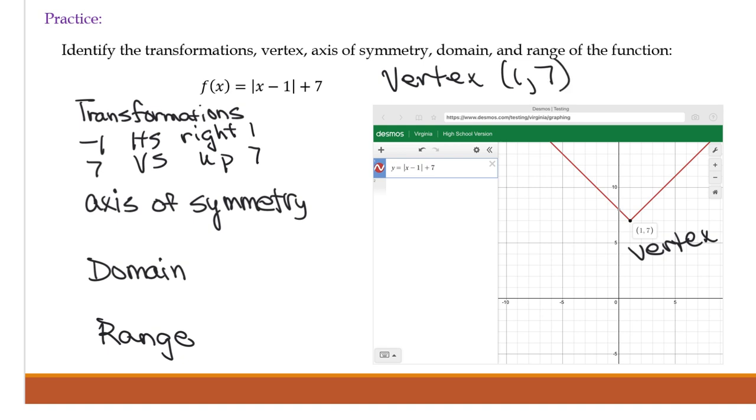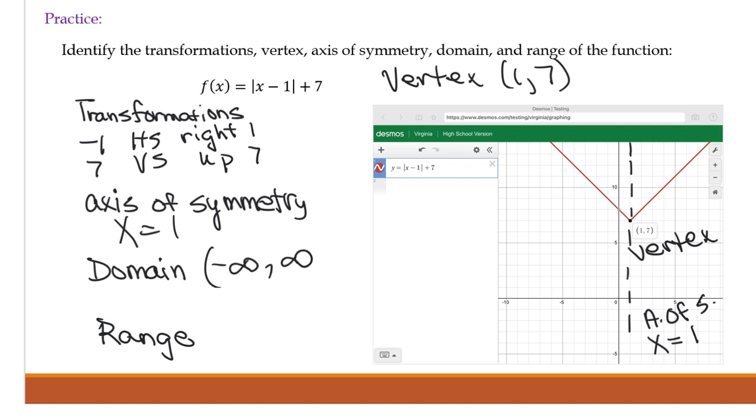The axis of symmetry is the vertical line that goes through that vertex. Therefore, I'm going to draw my vertical line through the vertex. And the axis of symmetry is going to be the vertical line x is equal to 1, because 1 is the x value in the ordered pair representing the vertex. Okay, domain is always going to be negative infinity to infinity.